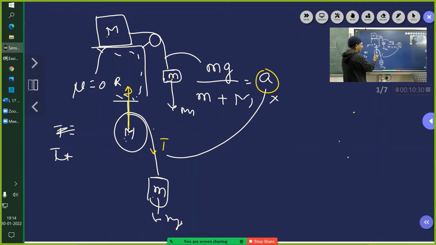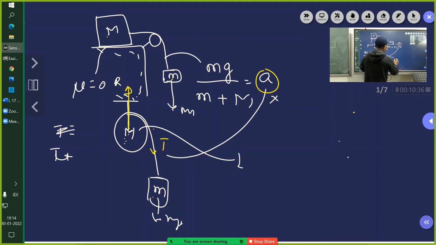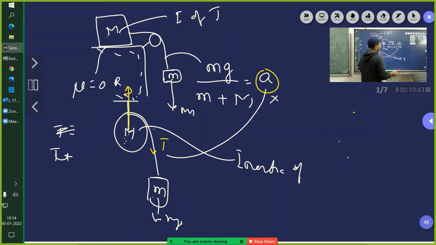So even though the mass is the same, here you have to consider the inertia of rotation, and there you will consider the inertia of translation. That makes the basic difference. See, you have to learn from a problem like this, gentlemen. Anyways, it's okay.